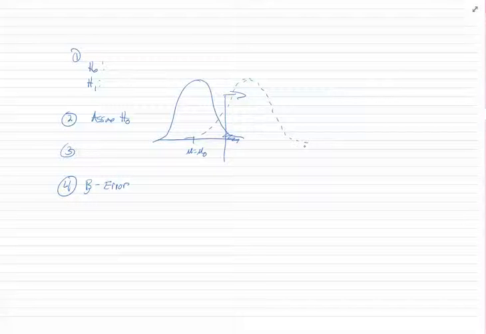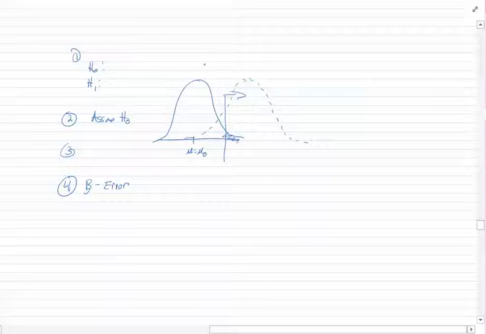So what we want to find out is, what are the odds that when the null hypothesis is not true, we really hope that we get a t-value in the rejection region, right? Because we should reject it, because it's false.